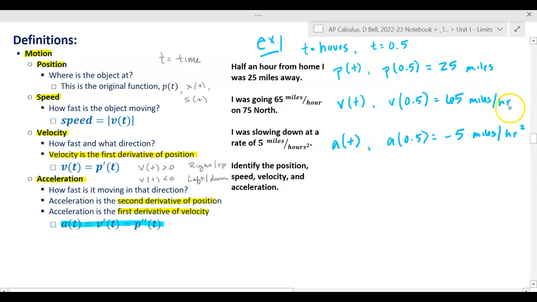V of t, velocity, is in miles per hour. That's our first rate of change. And then A of t is in miles per hour squared because it's the rate of change of the rate of change. Slope of velocity is acceleration. So the units for acceleration are miles per hour squared.